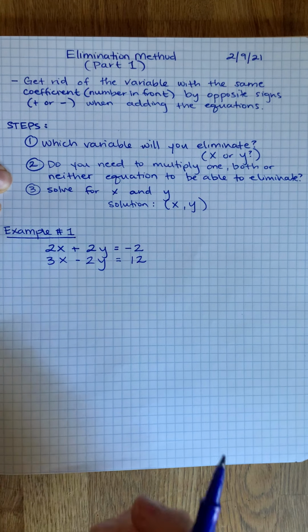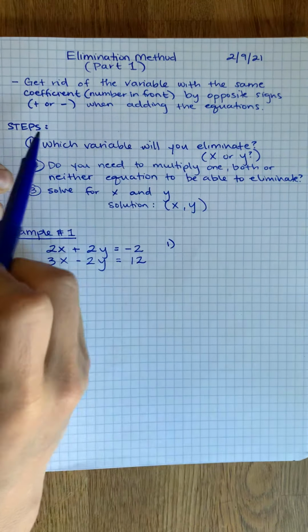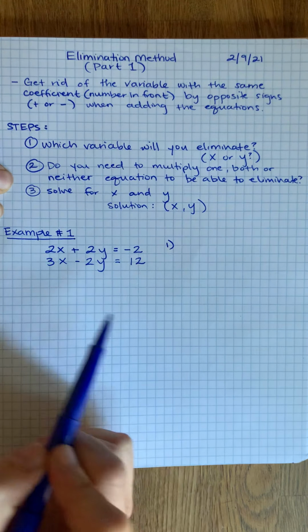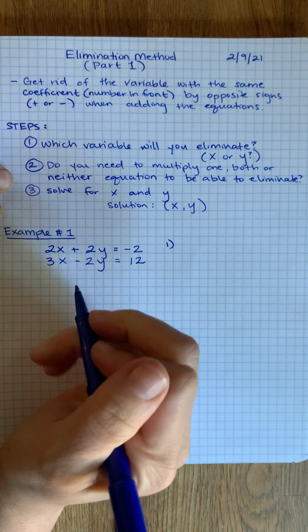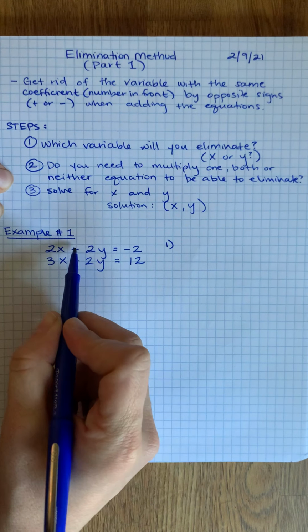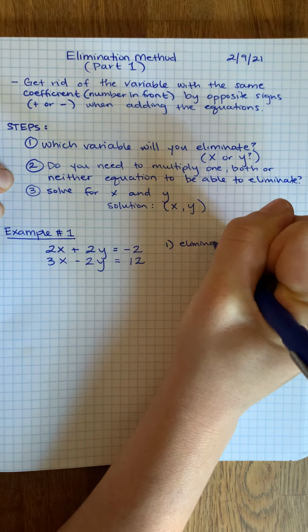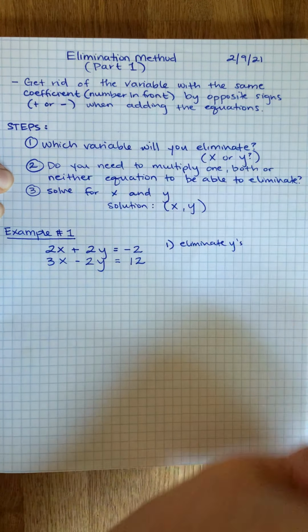Okay, so step 1, which variable will you eliminate? So when we're looking here, I notice that my y's both have 2 as the coefficient and one is positive and one is negative. So eliminate y's.